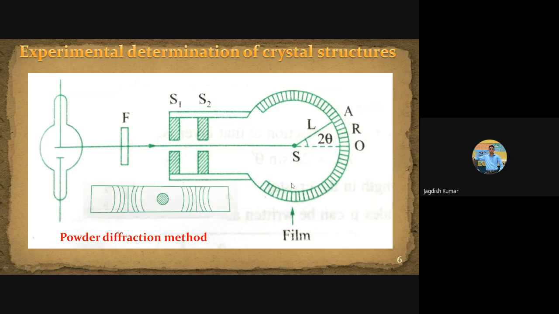Typically, we take these photographic films after the X-ray exposure is over. Since the sample is in powdered form, you have different crystallographic planes available at once, because in powder form you are not orienting the planes at your choice; they are randomly placed.